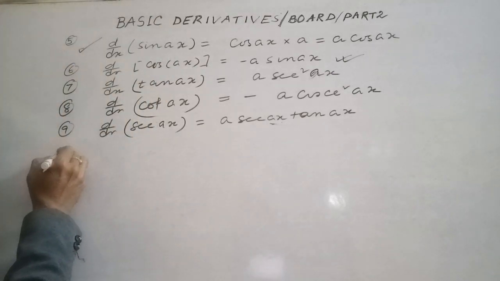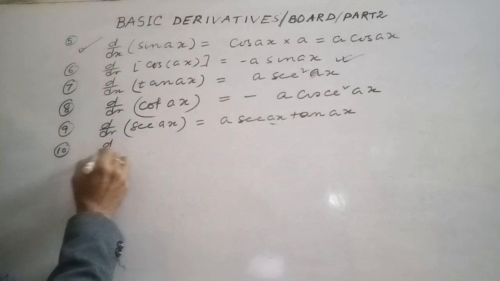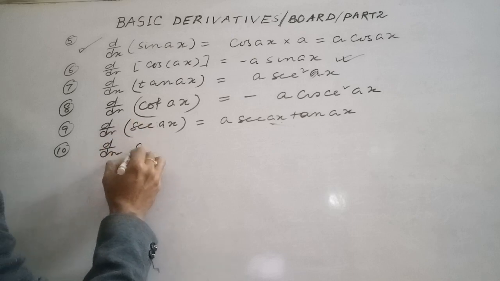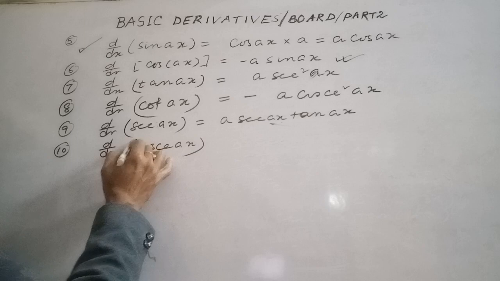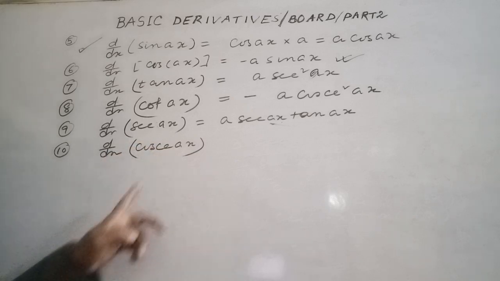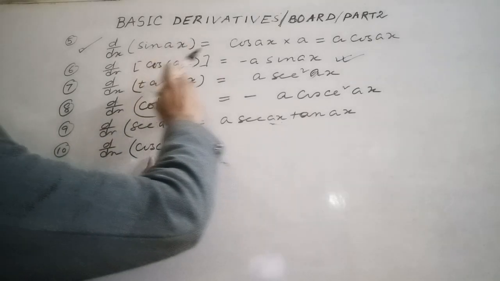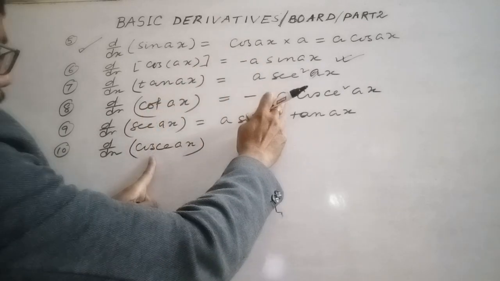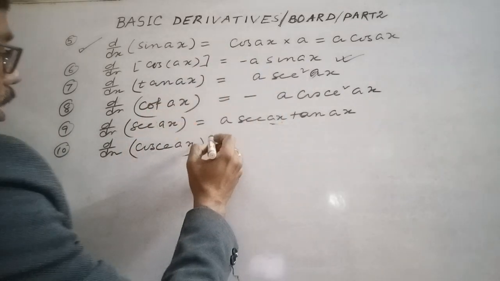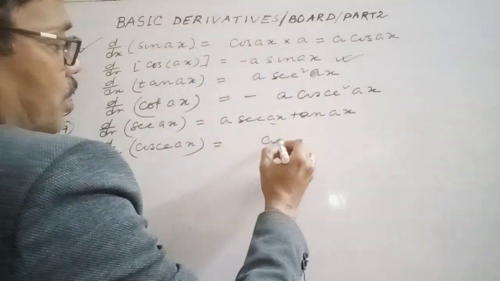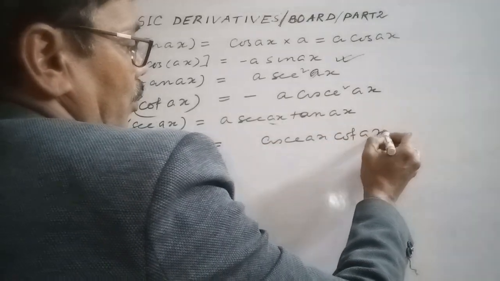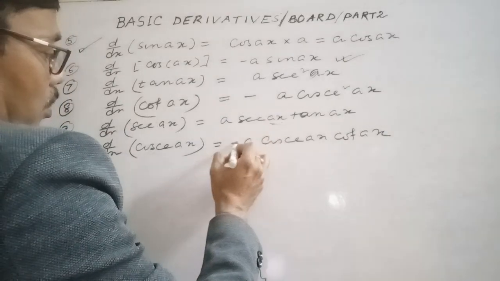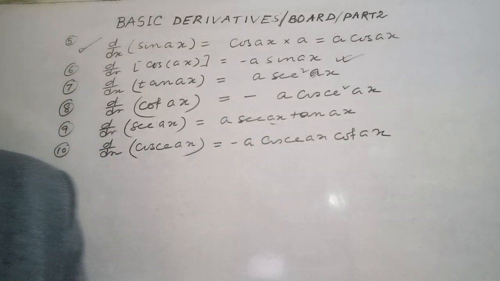And finally, d/dx of cosec ax. Starting with c, it is negative. So cosec ax into cot ax into a with negative sign.